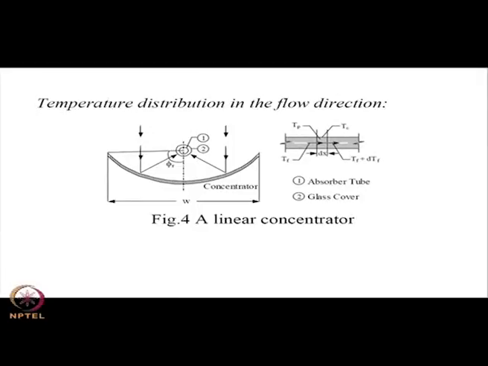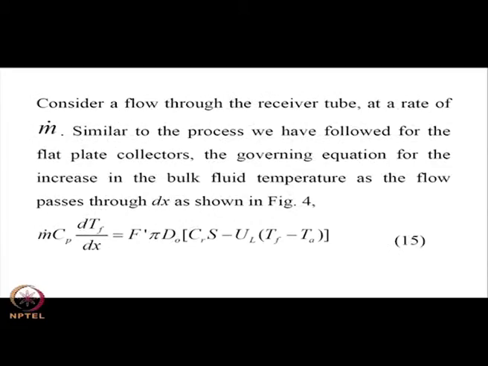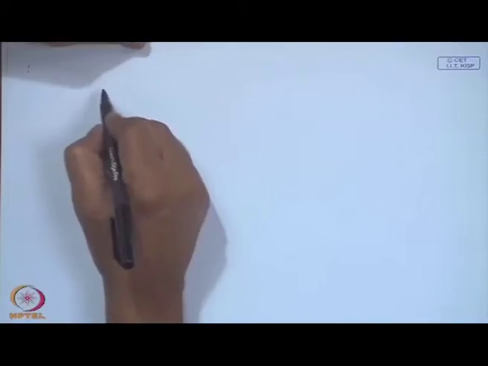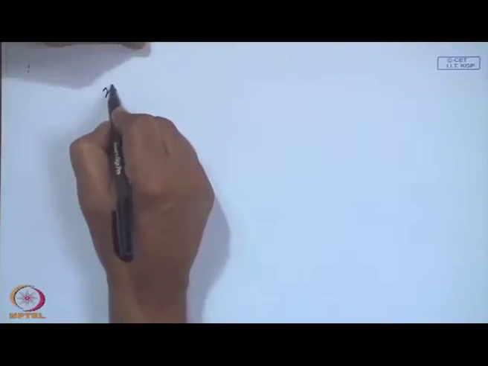We have taken as an example, as shown in figure 4, a parabolic concentrator with an outer diameter being Do and inner diameter being Di, and of the receiver tube, which the diagram is self explanatory, except I have skipped a certain portion to express the temperature of the fluid as it flows along the receiver tube, which is exactly similar to what we have in the case of flat plate collectors. So, I shall fill in that gap.